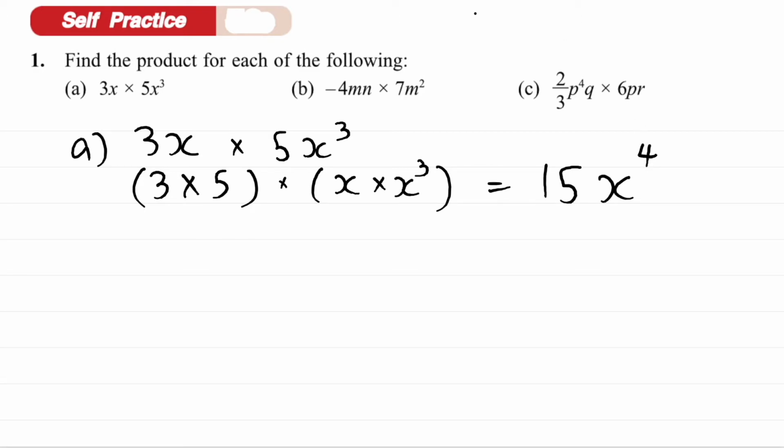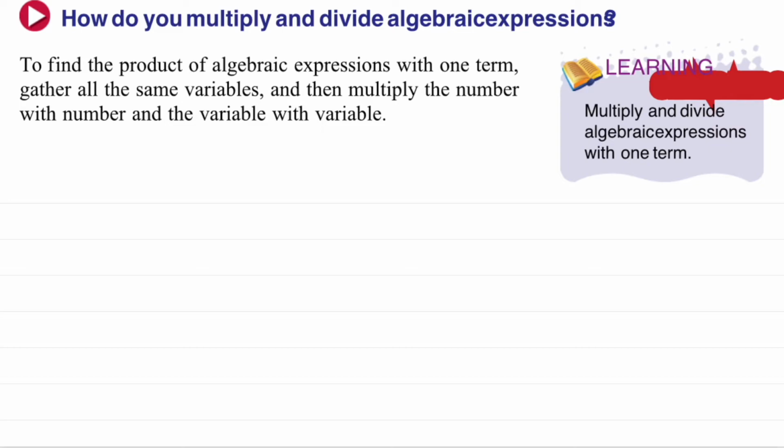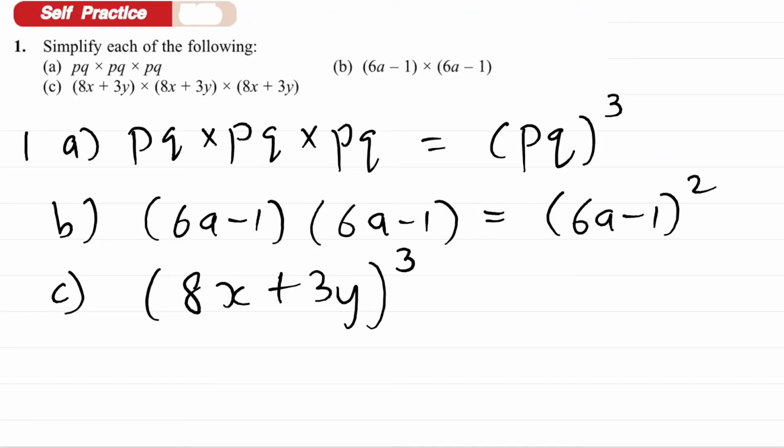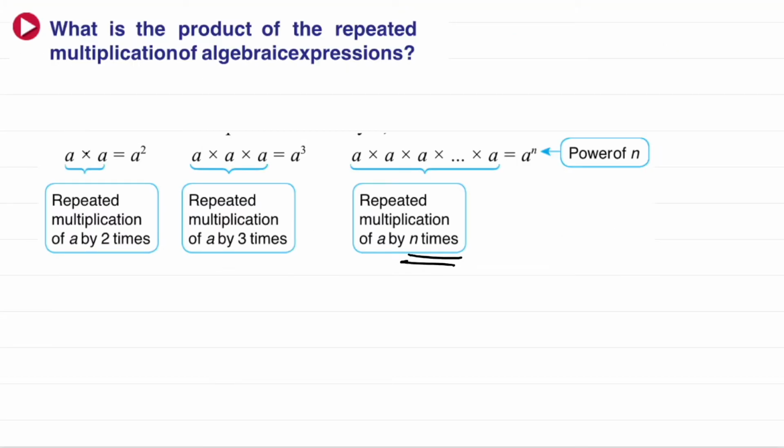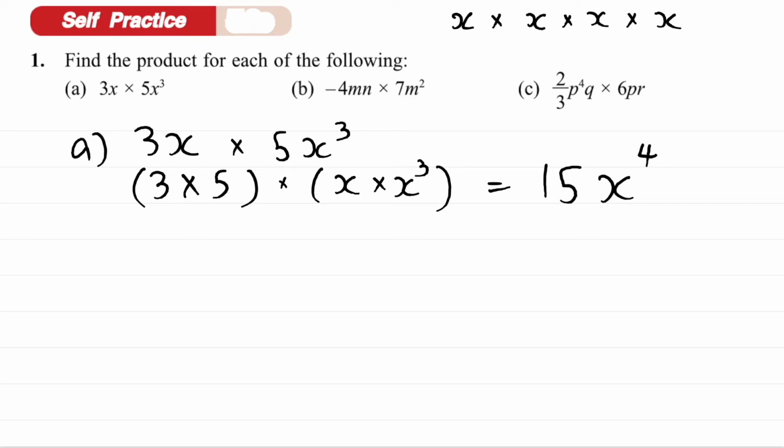Betul tak? Sebab x darab, kita tahu x kuasa 3 tu adalah x darab x darab x. Okay, so kita gunakan yang apa information tadi tu. Yang ini. So kalau dia darab berulang kali tu, dia akan dapat macam tu. Okay. So 15x kuasa 4.